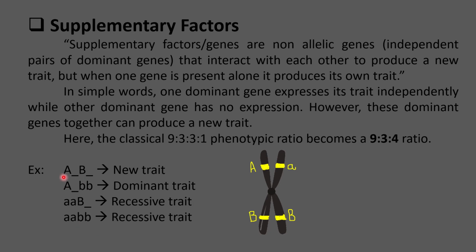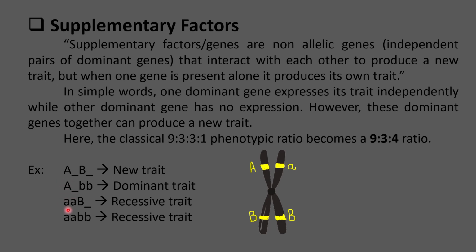What happens here is, when dominant genes A and B are present together, a new trait is formed. While only dominant allele A is present, the dominant trait of allele A is produced.